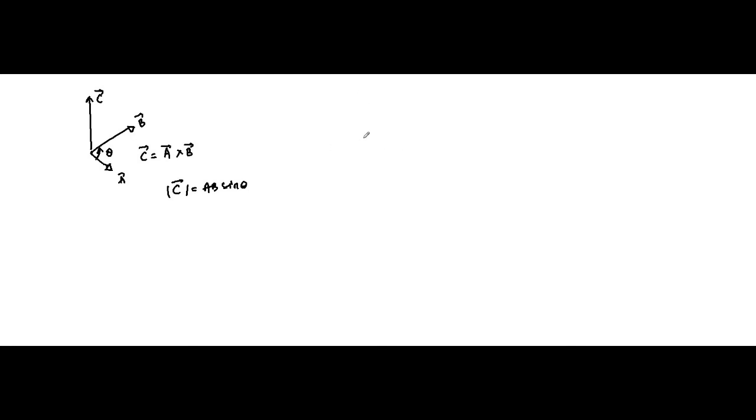And if the opposite thing happens, that is, this is B vector, this is A vector, and the direction is opposite, then the vector, let's say C dash vector, is B vector cross A vector, and the direction will be opposite in this way.